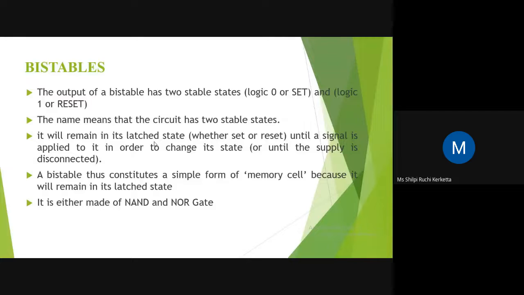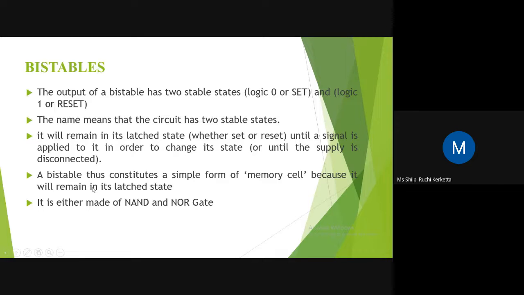Originally we have a latch state, so it will remain in the same state until and unless we provide a clock. Clock means on and off. Like a bulb, it will remain switched on until and unless you switch it off, or remain switched off until and unless you switch it on. So that is the latch state: it remains the same until you switch the system on or off. Here for switching the system on and off we are using a clock.